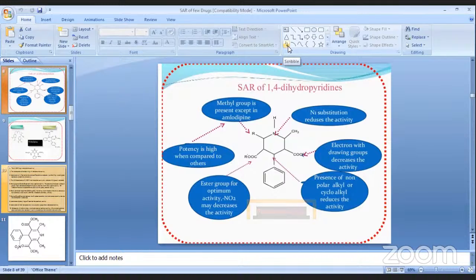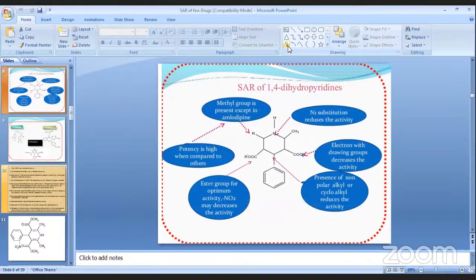But if you increase the size instead of the methyl group, as in amlodipine, if a big group is present at the 2 position of the molecule, then you will get a better compound. Previously it was nifedipine, but now it is amlodipine. And amlodipine is also a good quality drug.